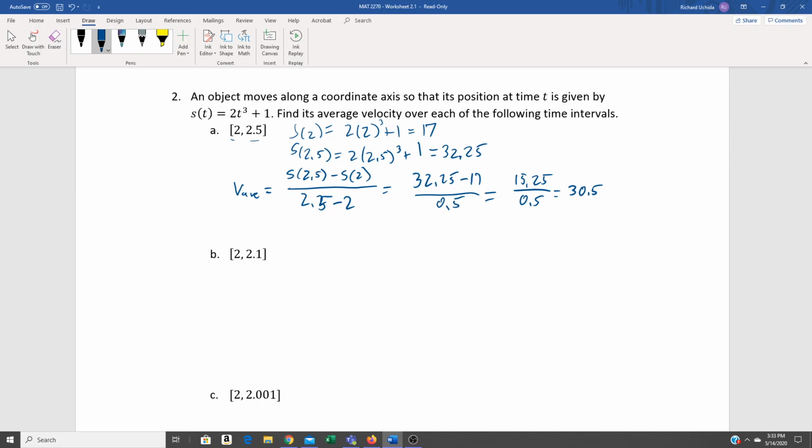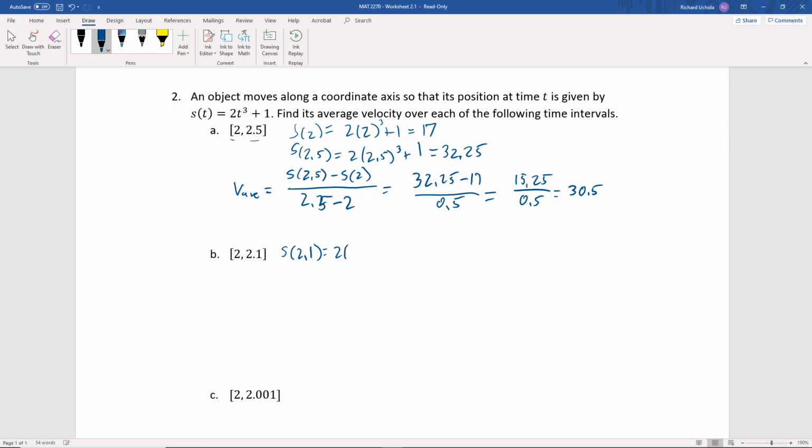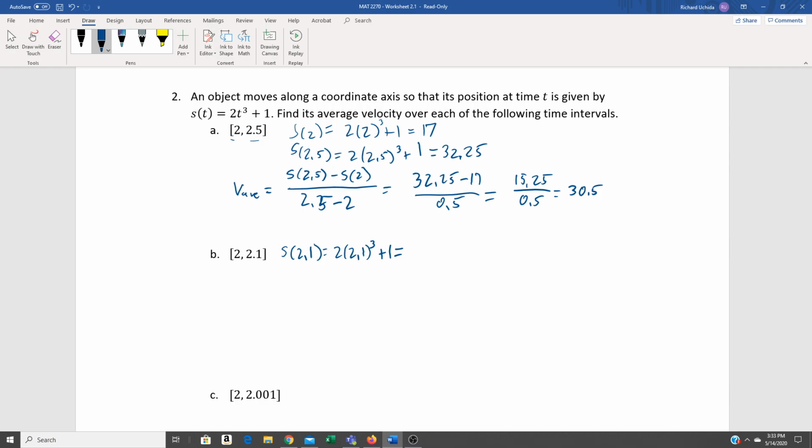Now what if we did it from 2 to 2.1? Well, we already found the position when time was 2, so we have s(2) already. So we have to find s(2.1). That would be 2 times 2.1 cubed plus 1. Plugging that into your calculator, what you would get is 19.522.